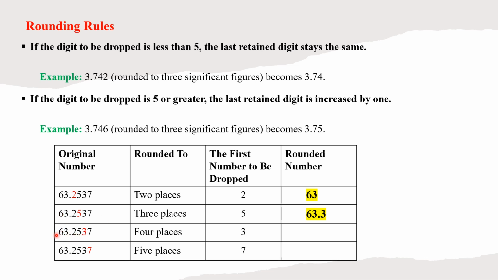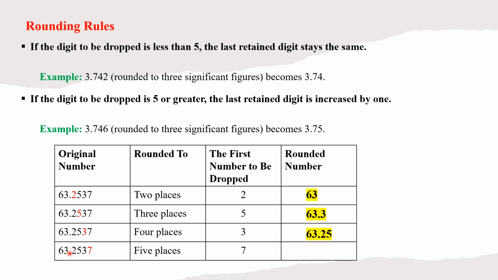Third one, 63.2537, we need to round it to 4 places. So 4 places: 6, 3, 2, 5. So 3 is the digit to be dropped. It is less than 5, so we can easily drop it: 63.25.